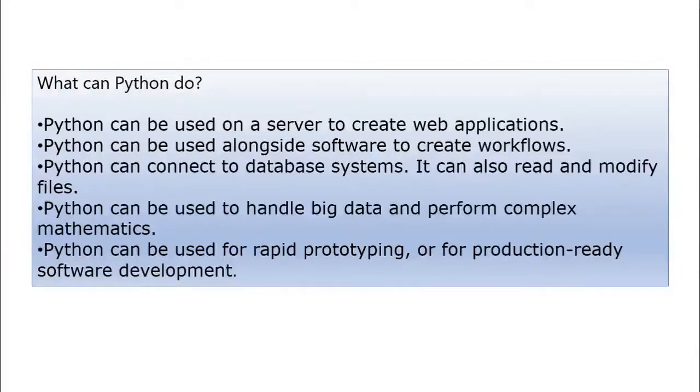We have to purchase it from that seller. But Python is open source, so we can download it from the internet and install it. So this is called an open source system. So Python is an open source system, and this is about what Python can do for us.